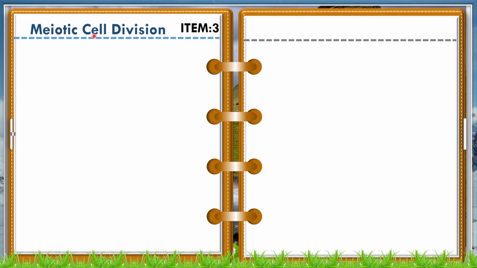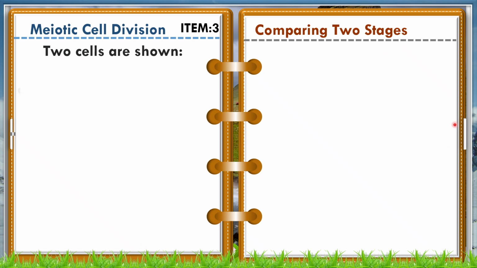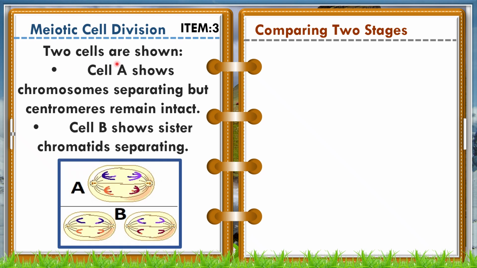Item 3, still on meiotic cell division. We want to compare two stages. Two cells are shown. Cell A shows chromosomes separating, but centromeres remain attached.